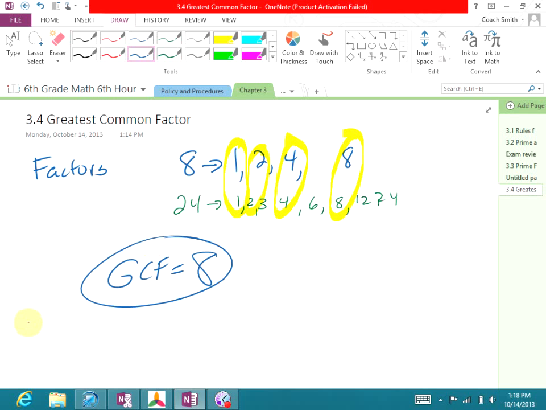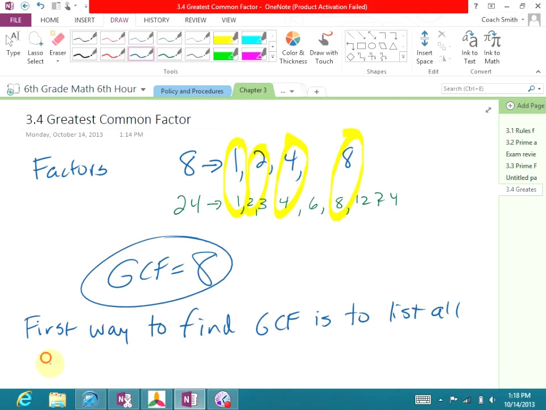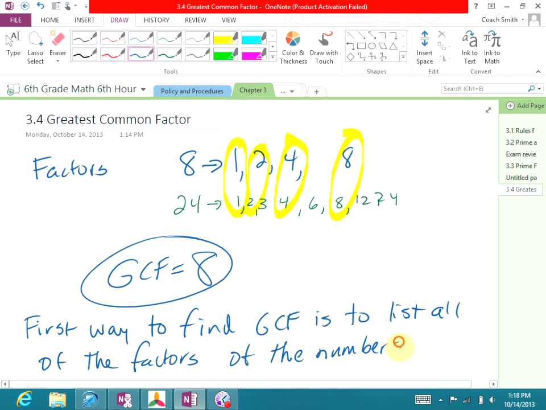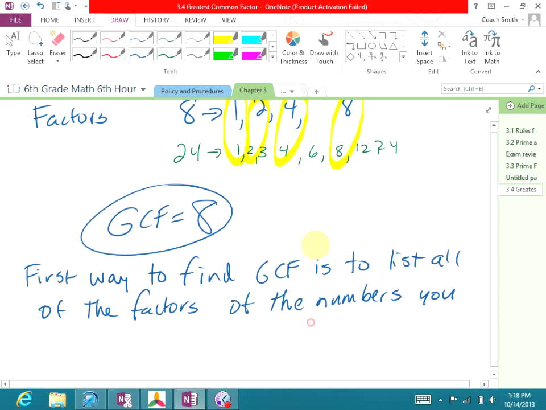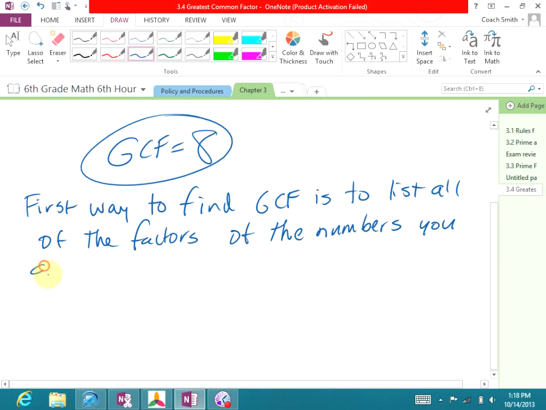So the first way that you can find the GCF is to list all of the factors of the numbers you are comparing. Okay, that's the first way.